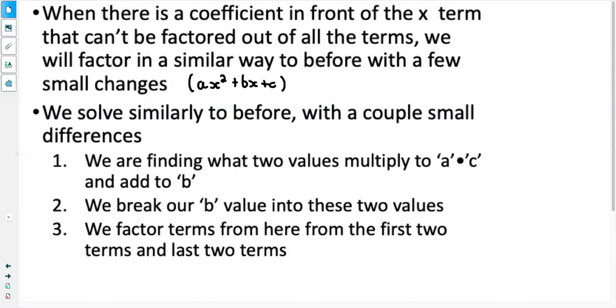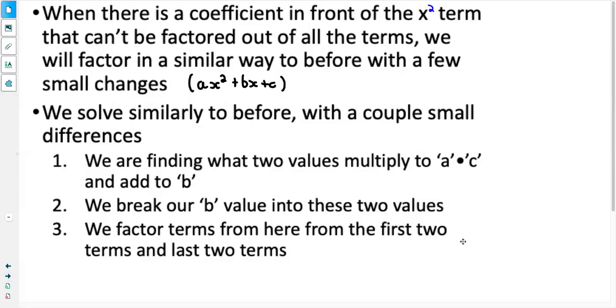Now, when there is a coefficient in front of our x squared term that can't be factored out of all the terms, we will factor in a similar way to before with a few small changes. So our equation now takes the form of ax squared plus bx plus c. Our product, instead of just being our c value, is going to be our a times our c.